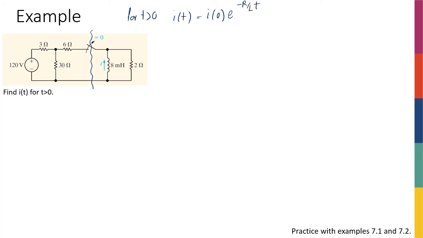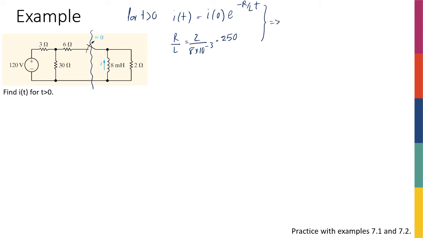Now, what is R? R is 2 ohms, and L is 8 millihenry. So R over L is 2 over 8 times 10 to the negative 3, which is 2000 over 8, equal to 250.